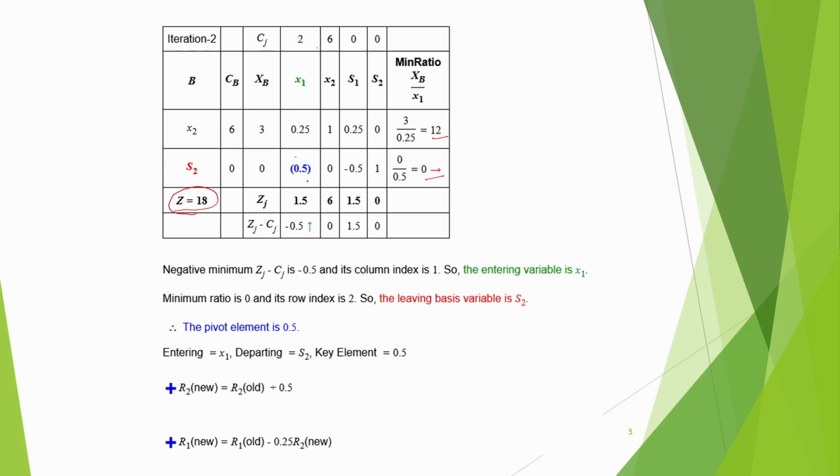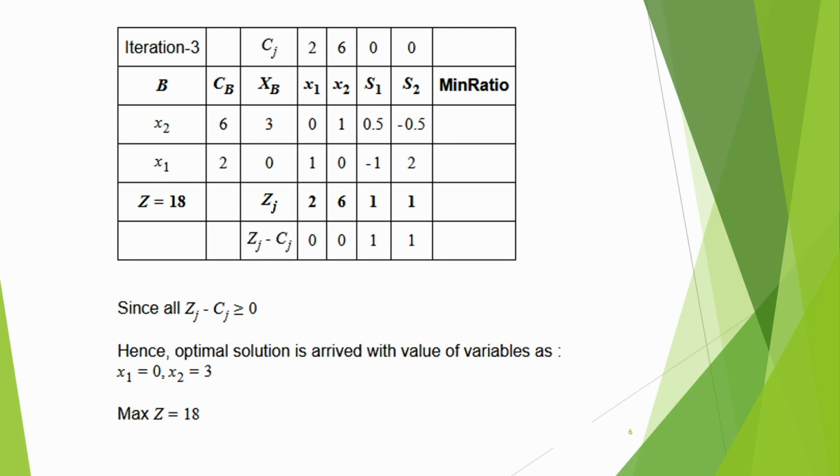The pivot element was 0.5. So you divide the whole thing by 0.5 and you get this, and R1 new is equal to R1 old minus 0.25 R2. That means in that pivot column all the other coefficients will be made 0. So that row operation you have done, and after doing that, what did you get? You again got the optimum value is 18.